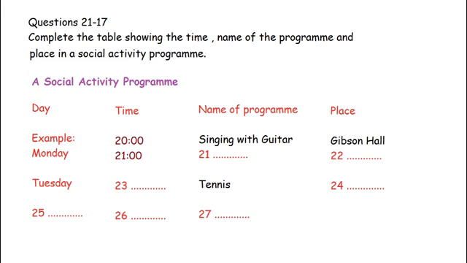In this section, you will hear a conversation between Wolfgang and his new friend Mary, who has already been at the college for a few months. In the first part of the conversation, they're talking about a social activity program at college. First, look at questions 21 to 27. Note the examples that have been done for you.